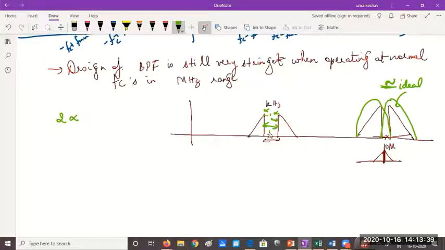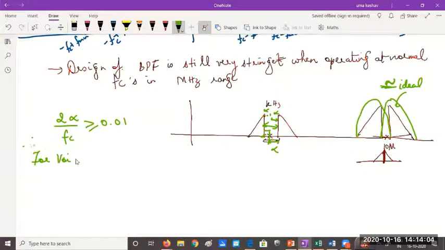So one side gap is considered as alpha, the other side is also alpha. So the total gap 2 alpha divided by this carrier frequency should be greater than or equal to 0.01. So for voice signals, what would be the maximum carrier frequency then?